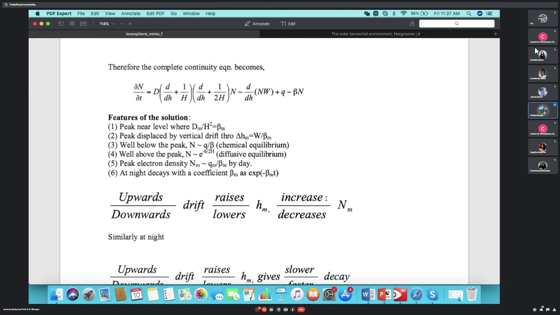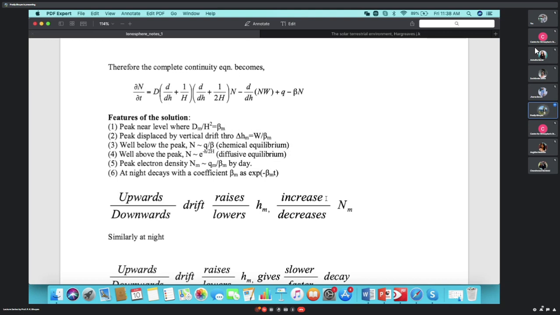So Nm increases, number density of Nm will increase if your F peak height is pushed upward. That means F2 peak height at 300 kilometer and F2 peak height at 250 kilometer will have different densities. 300 kilometer will have more density than 250 kilometer. Okay, you can see from measured profiles also that this happens.